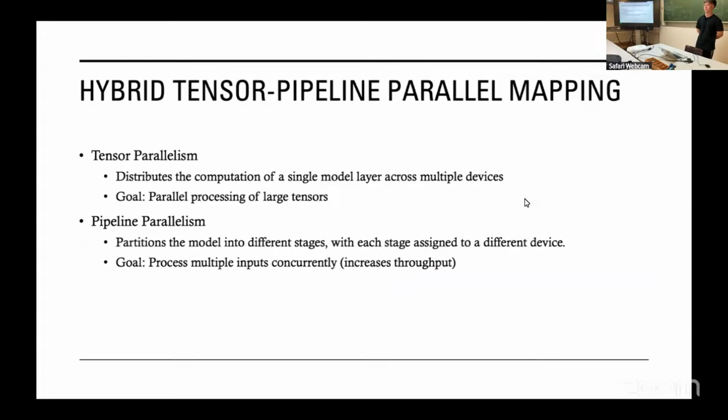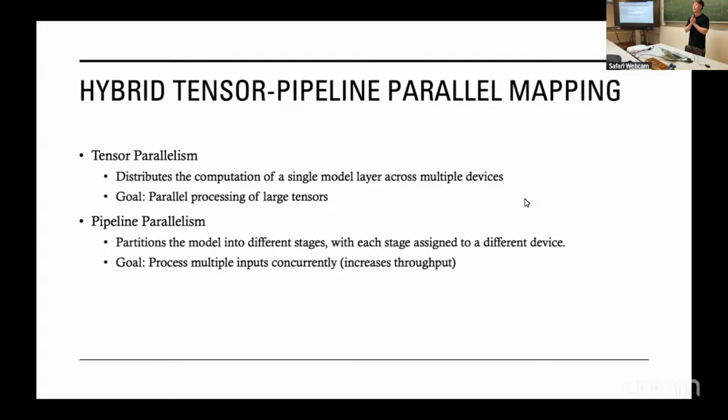Okay, on the software side, we also have parallelism. This architecture uses what is called hybrid tensor pipeline parallel mapping, and it includes two kinds of parallelism.